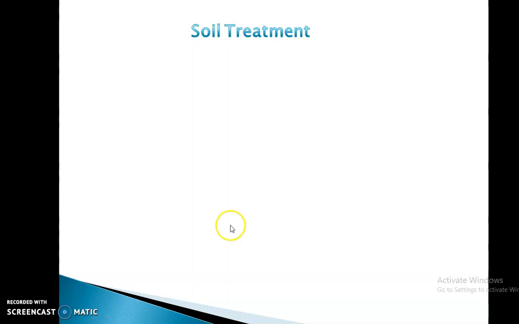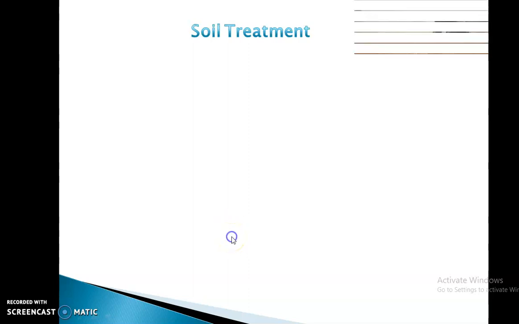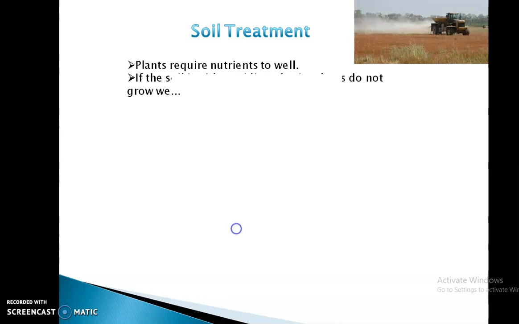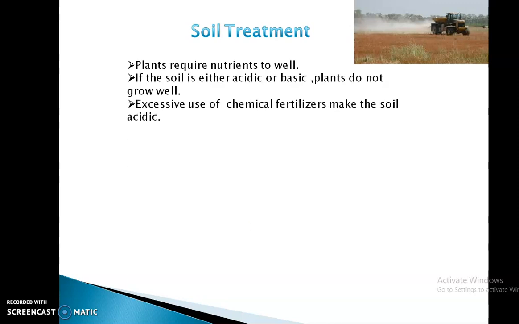Another example where we see neutralization is soil treatment. When our soil is either very acidic or basic, the plants will not grow well. Plants require nutrients to grow well. So if it is very acidic or basic, the flowering or the fruit formation will not occur properly.